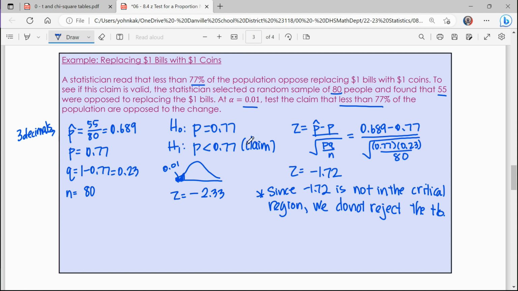Our claim is the alternative, so therefore we do not have enough evidence to support the claim.